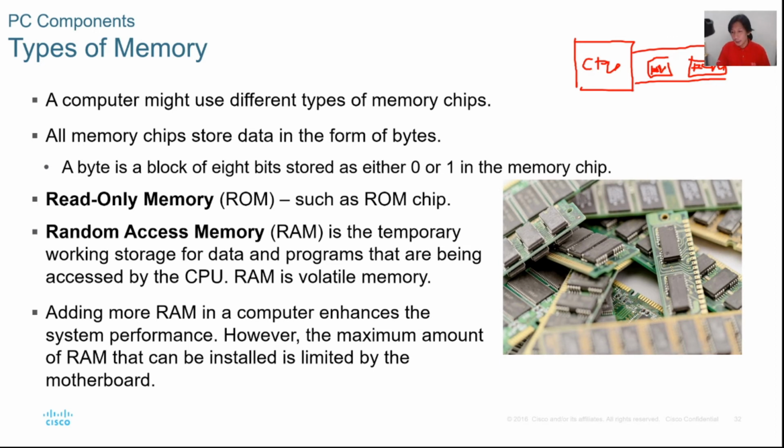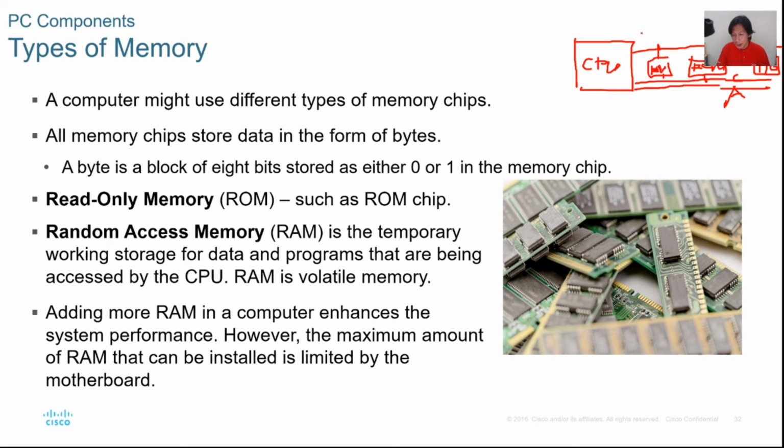This CPU directly communicates with them through three types of buses: the data bus, the control bus, and the address bus. At the end, the connectivity is the third part of our component, which is the input output system.